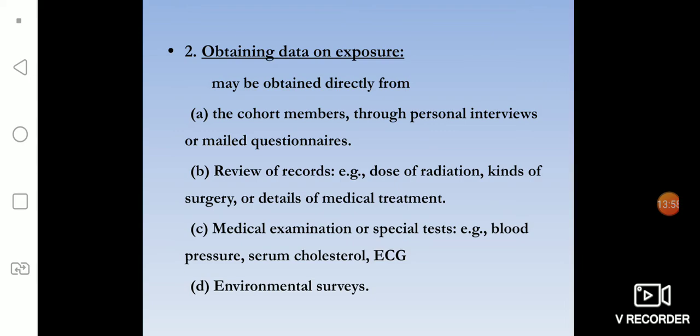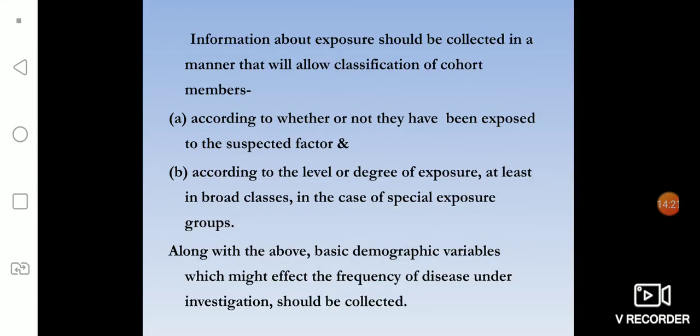All the records that are available for those cohorts which we are studying. Now, medical examination or any particular investigations we have taken up, that is blood pressure, serum, ECG, all those things. This data can be obtained from these places also. And then lastly, environmental surveys. By these methods, we can collect the data on exposure.